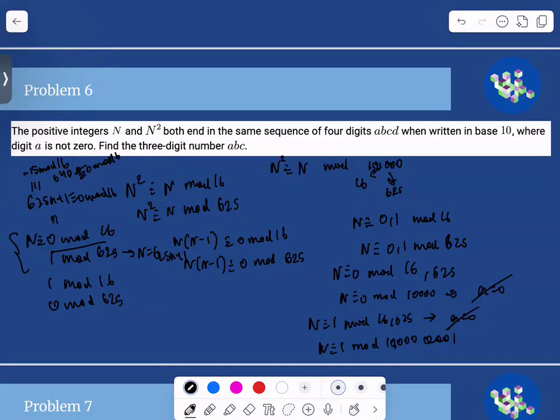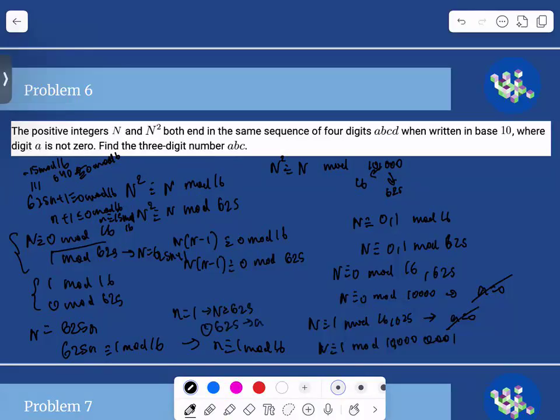So we get n plus 1 is congruent to 0 mod 16, which means that n is congruent to 15 mod 16. And this one right here means n is equal to 625 times some lowercase n. And then we can see 625n is congruent to 1 mod 16. And so that means n is congruent to 1 mod 16. So if n is equal to 1, then n is equal to 625. So the last four digits would be 0625, and a is still 0, which is what we don't want.